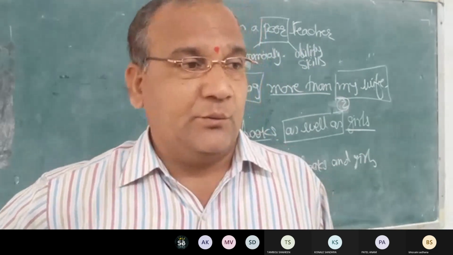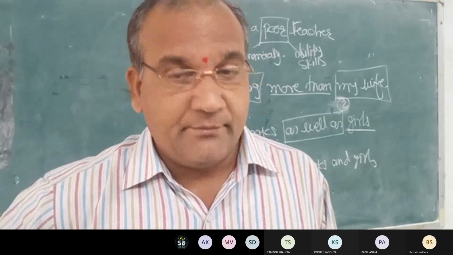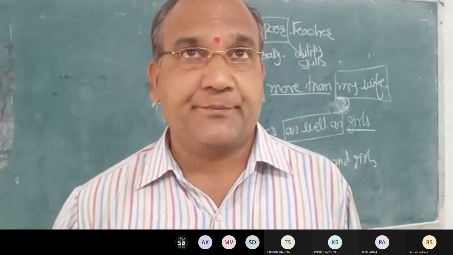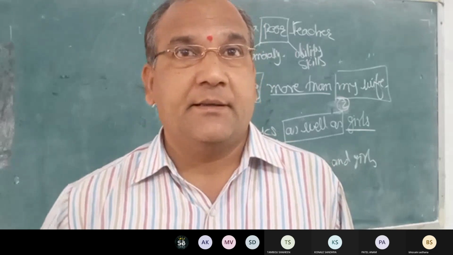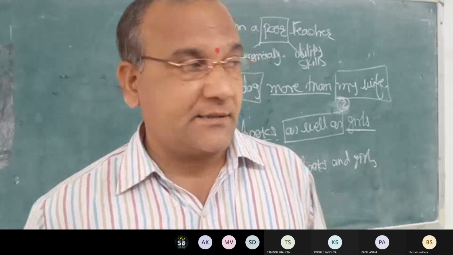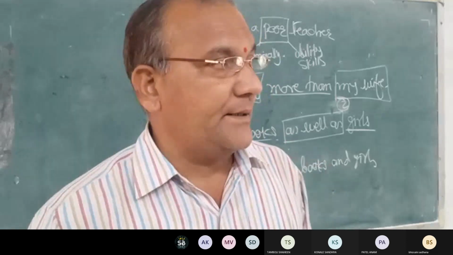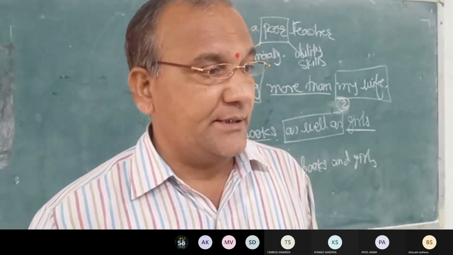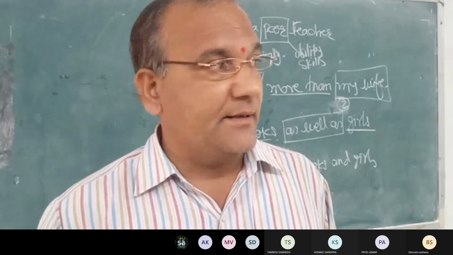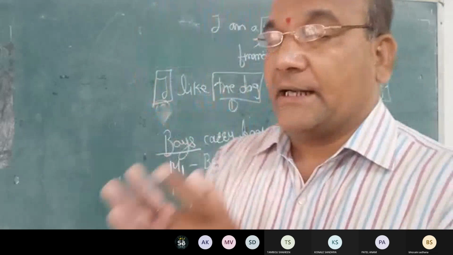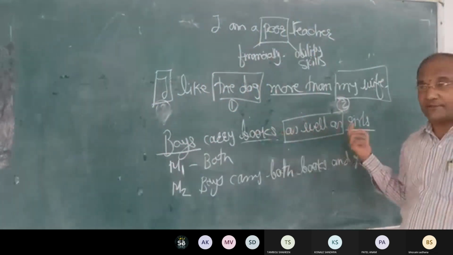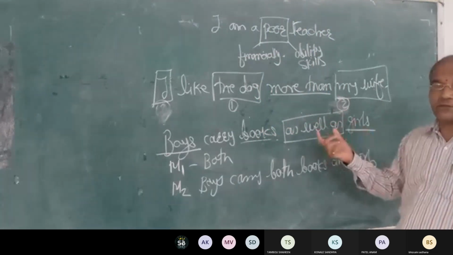But for M2, the conjunction is used in combinatory sense. Combinatory means the conjunction combines two nearby nouns.